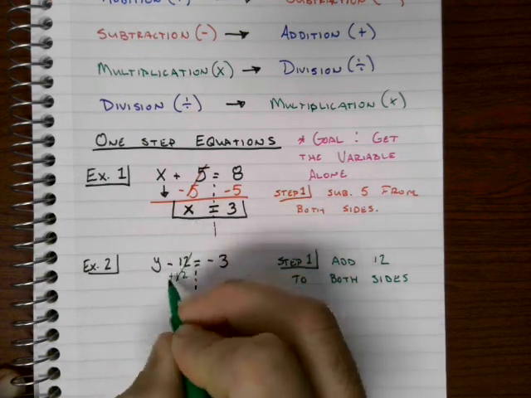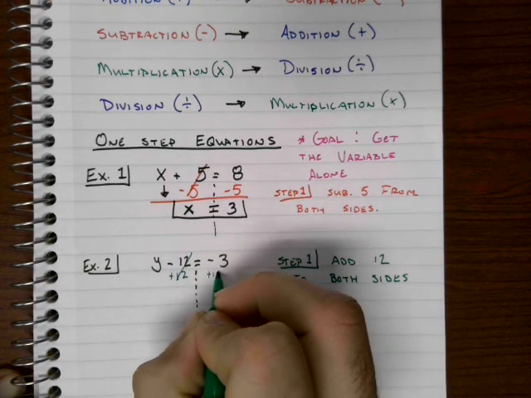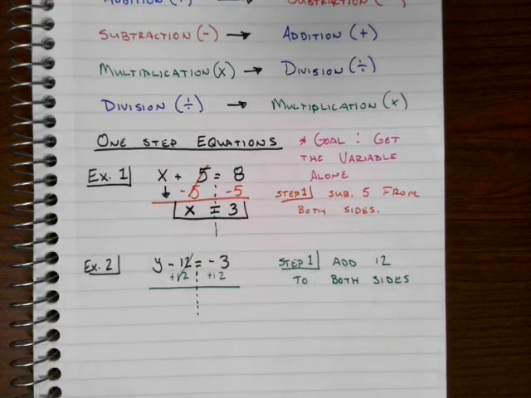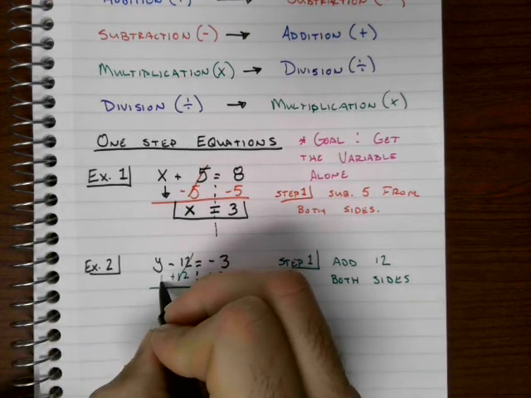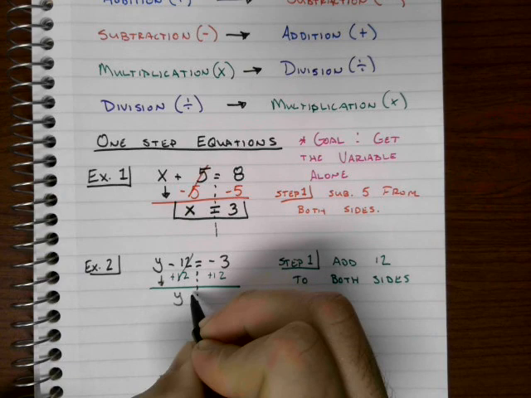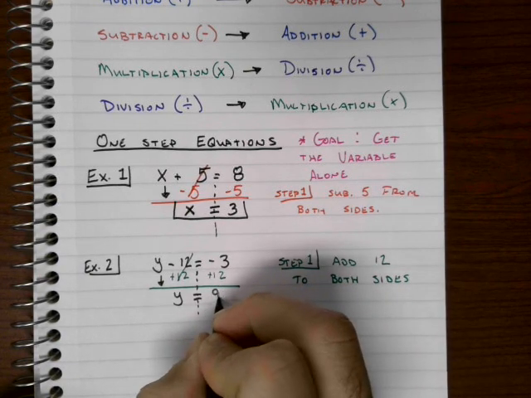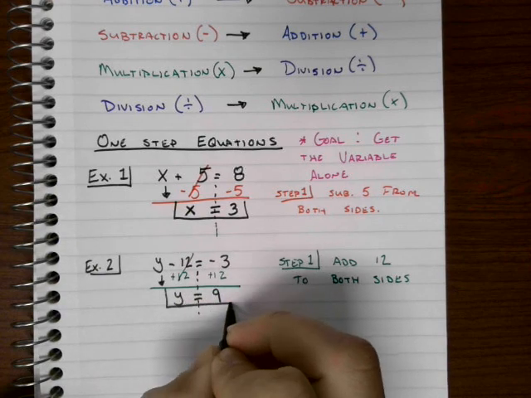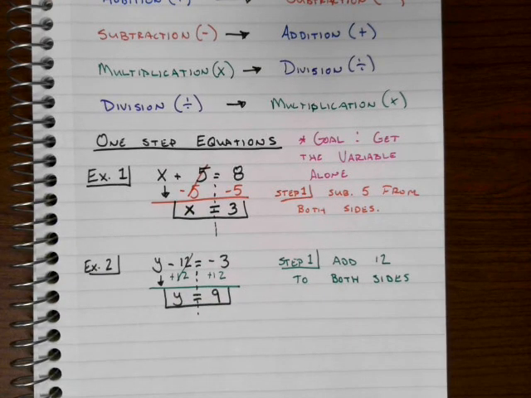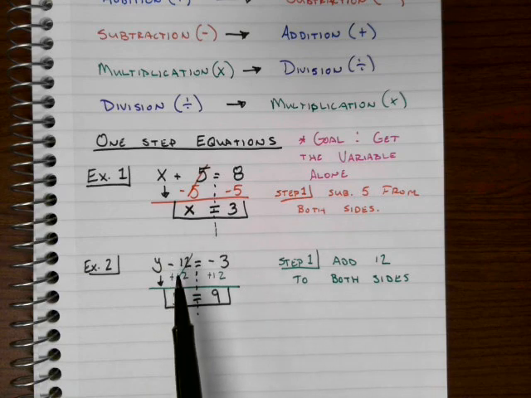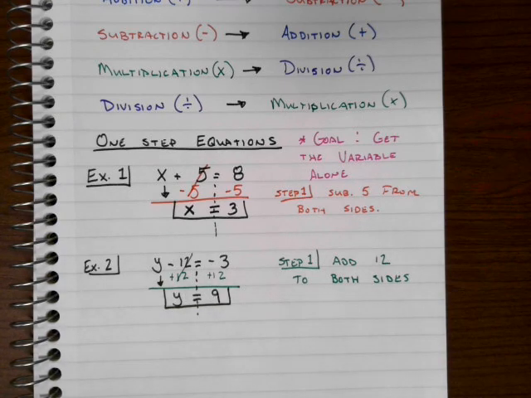What I do to one side, I do to the other. All that's left over here is y. So I bring down my y equals negative 3 plus 12, which gives me positive 9. So again, all I did was the opposite. I added 12 to both sides and brought down what was left. That's y equals 9.